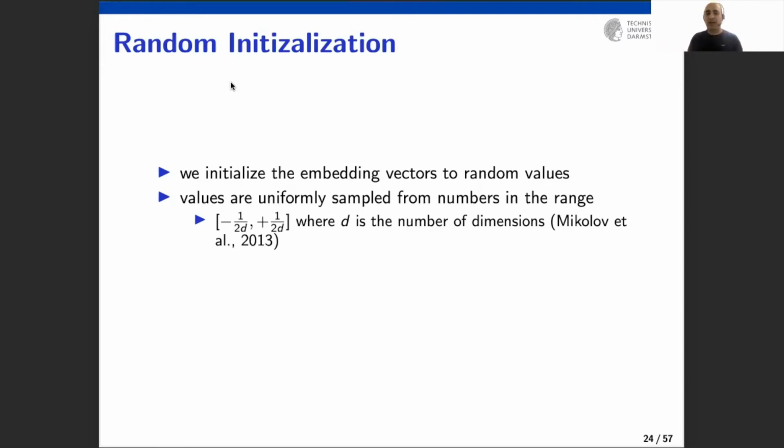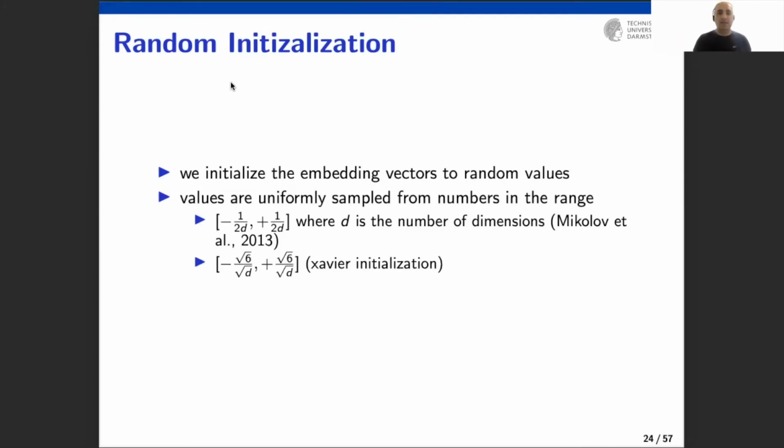So if you want a dense vector with 100 elements, or the length of the vector is 100, you need to use the range of -1 divided by 200 and +1 divided by 200, right? So somehow Mikolov believes that it's better to relate the values of the vectors to the length of the vectors.